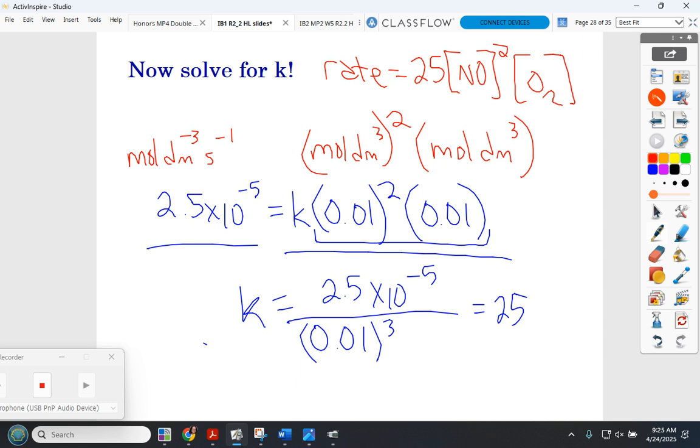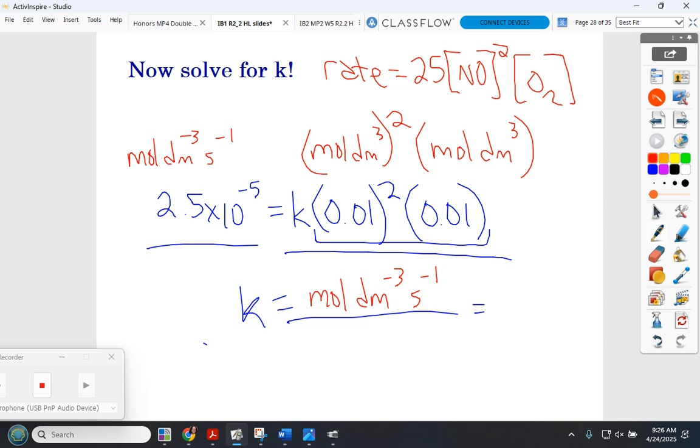So you plug in whatever the units are of the things that you know, and then you treat them the same way you would treat the numbers. So let me get rid of this and say, instead of what the numbers are, let's figure out the units.